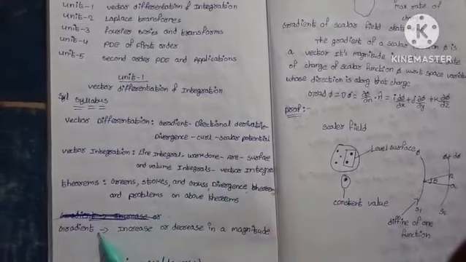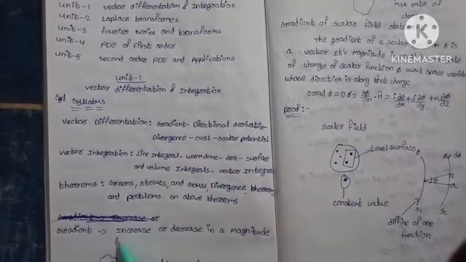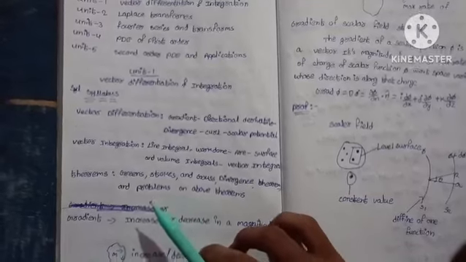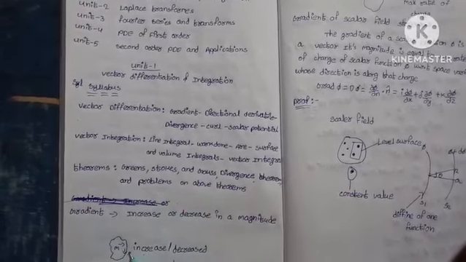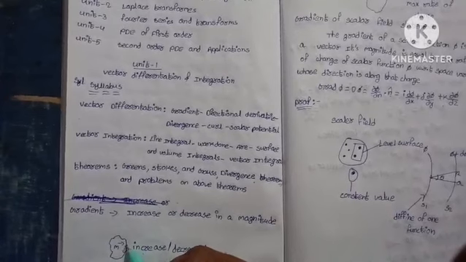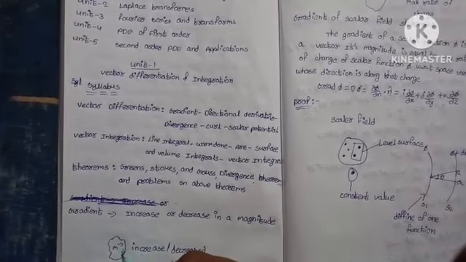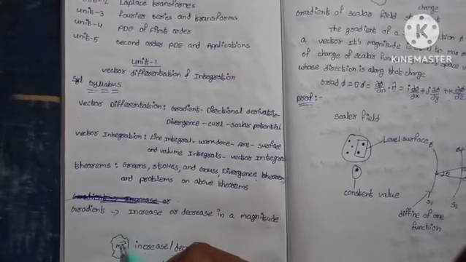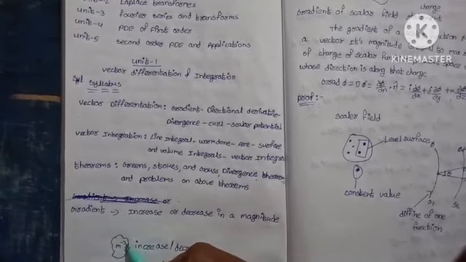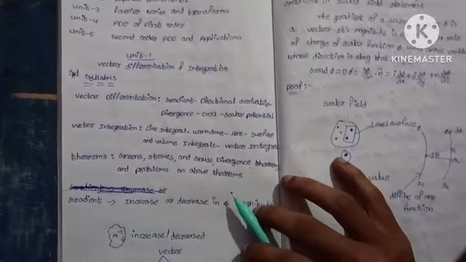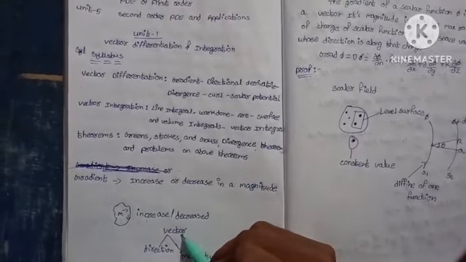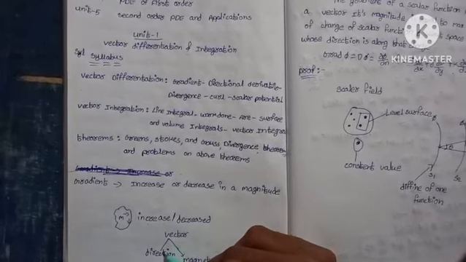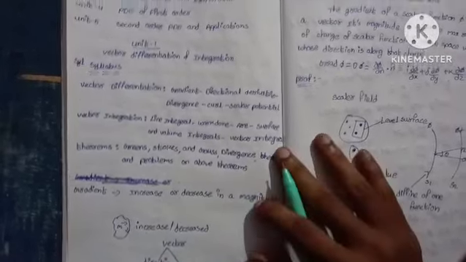Today's class is gradient. Gradient is the increase or decrease in a magnitude. Take some diagram, and take some magnitude in the surroundings. Whether the magnitude is increasing or decreasing depends upon this, called a vector. A vector has one direction and one magnitude.